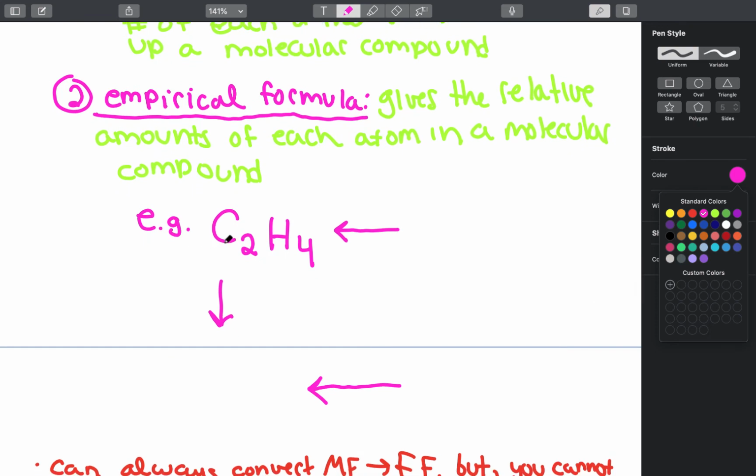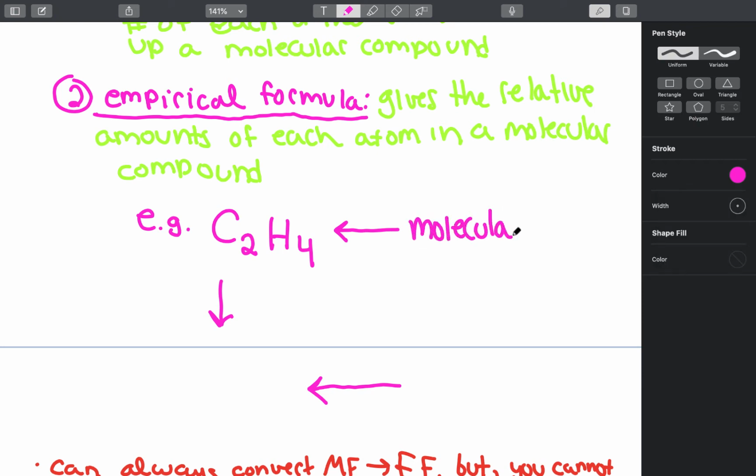So here we have C2H4. This indicates the molecular formula. This chemical formula, which is the molecular formula, tells us the exact amount of each type of atom in here. So this particular molecule has 2 carbons and 4 hydrogens.